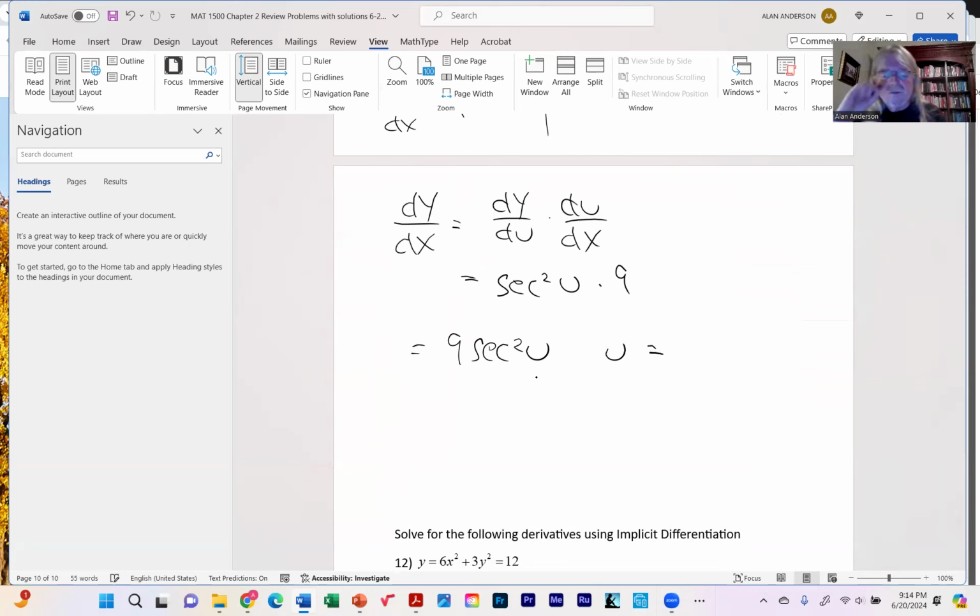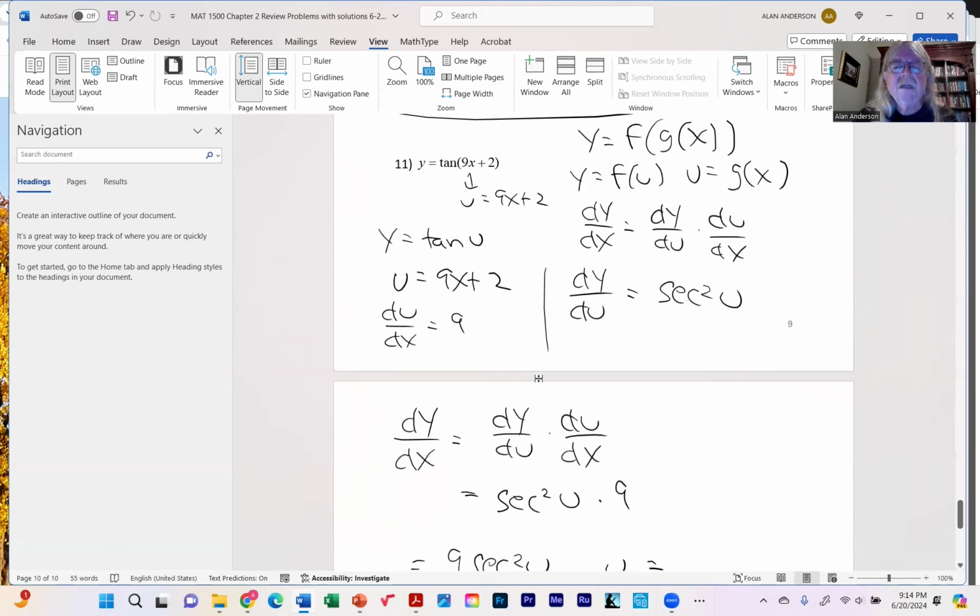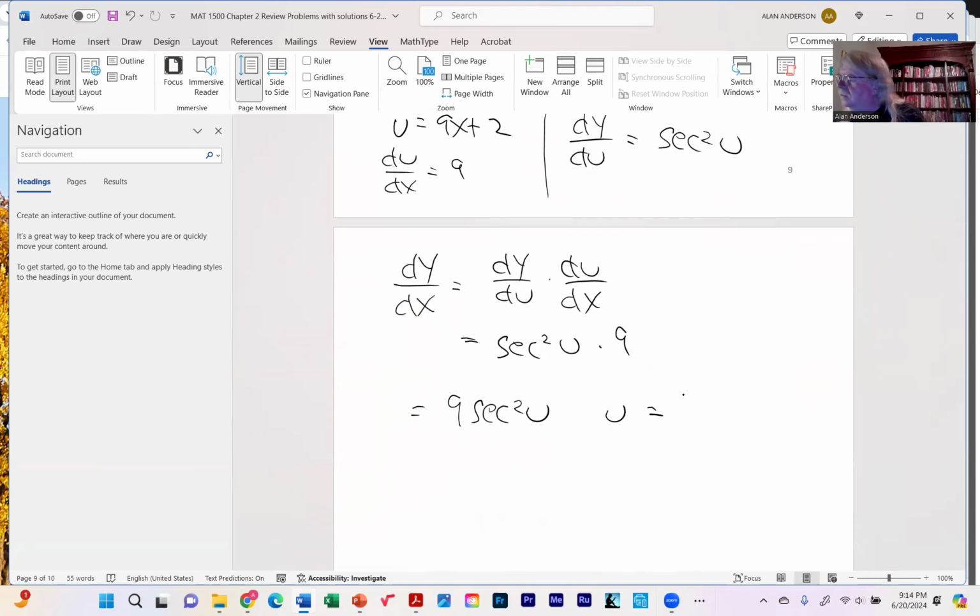Remember, we defined u to be 9x plus 2. So therefore, our final result is 9 secant squared of 9x plus 2.